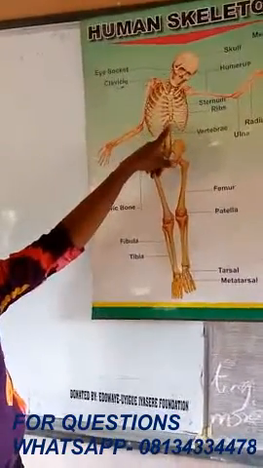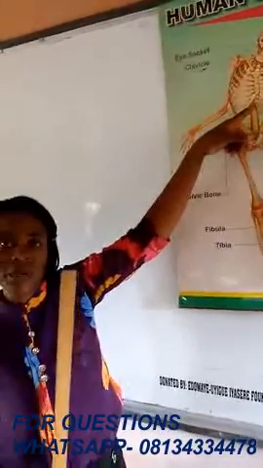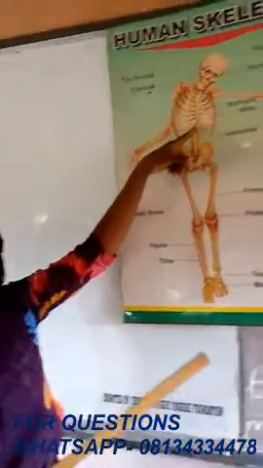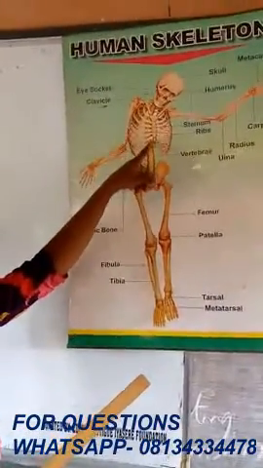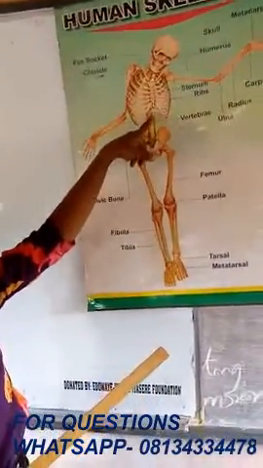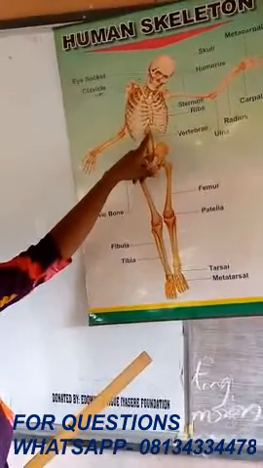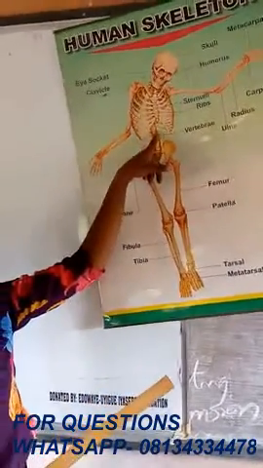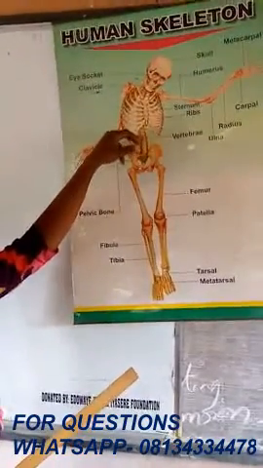Then the third region, which is the lumbar vertebra, the dorsal side of the abdomen. The name of the vertebra, as I said earlier, is lumbar vertebra, and they are 5 in number. This vertebra also has a well-developed transverse process.